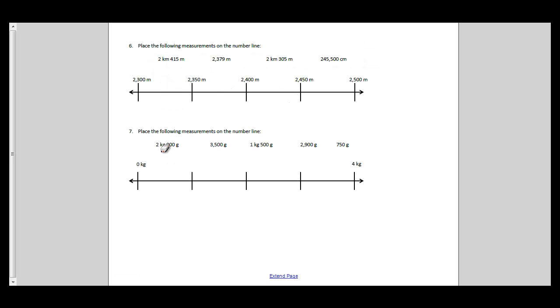All right, so now we're going to place the following measurements on the number line. You can see that all of these are meters, some of these are kilometers and meters. So in order to put these, you have to really think of you're comparing, okay? So I've got 2 kilometers, 415 meters. That's the same thing as 2,415 meters. So that will go about right here.